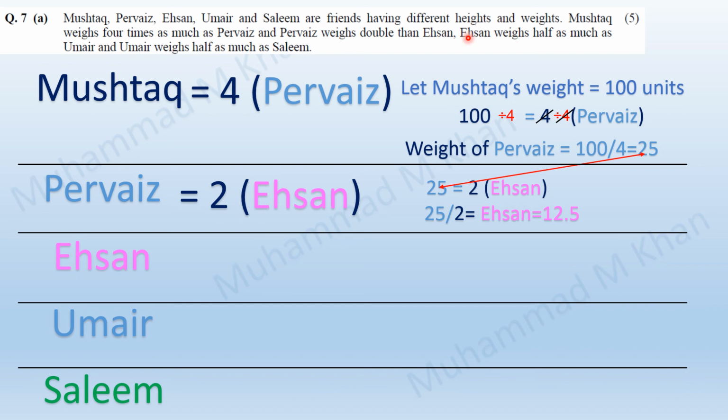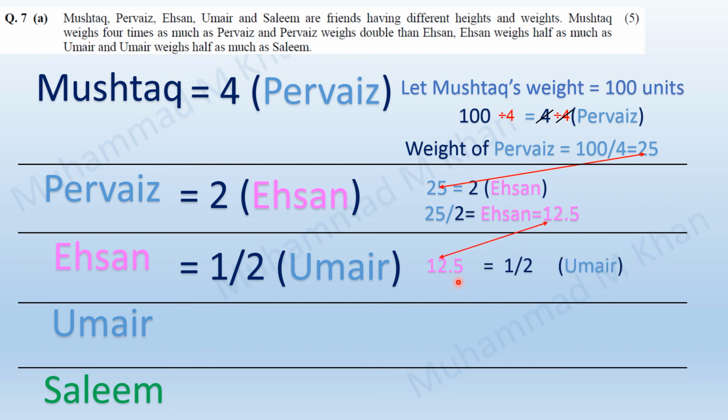Now the additional information in the question is Ihsan weighs half as much as Umair. So mathematically this can be written as the weight of Ihsan is equal to half multiplied by the weight of Umair. Now putting in the value for Ihsan's weight, which is 12.5, the equation becomes 12.5 is equal to half the weight of Umair.